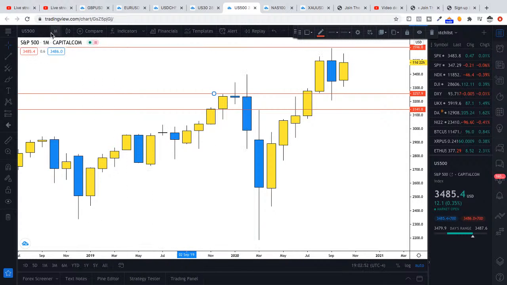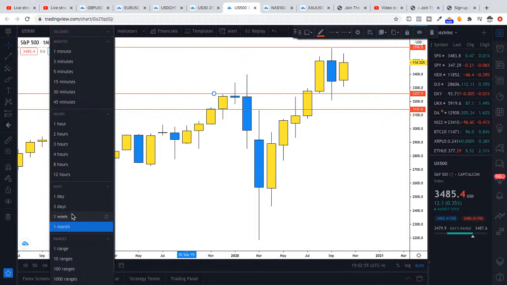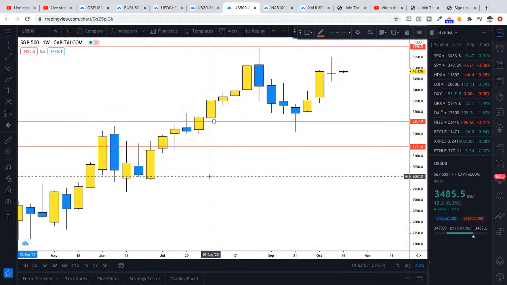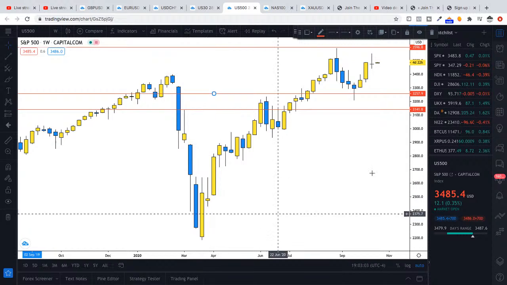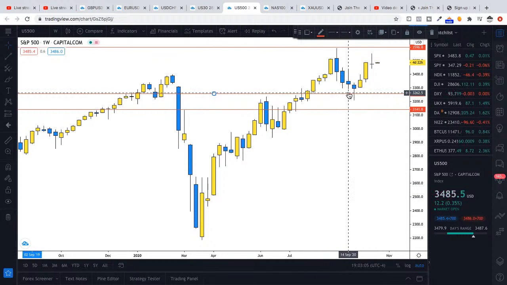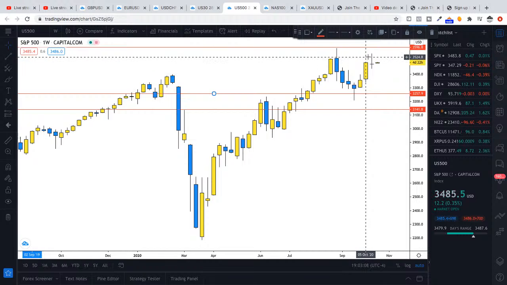Let's jump to a weekly. Very similar price action to the Dow. You see it dips into this zone here, moves up, rejects once again.